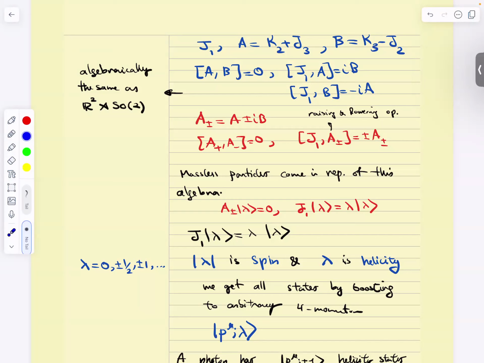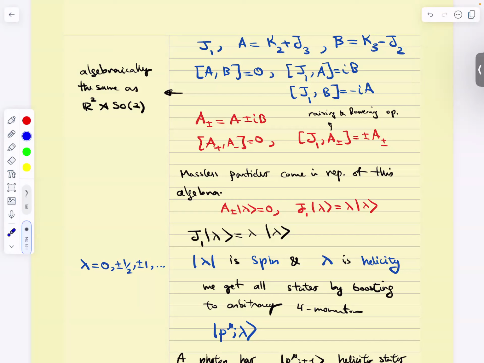What do you look at? Well, no, it's a little bit tricky, sorry. It's not that obvious. Because the reason is that here A and A dagger do not commute. But in the example that I had A plus and A minus, and they do commute. But it's somewhat analogous. Here, to build a representation, we take the kets that are killed by A. Here, you also take kets, what do you want to call them?